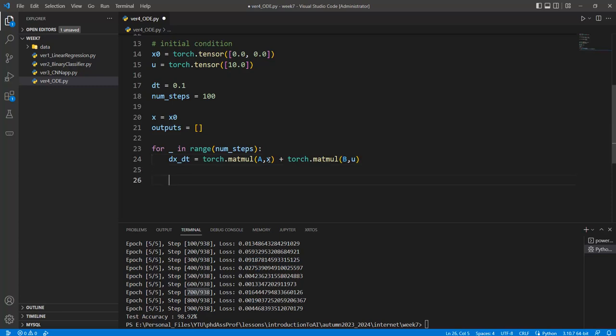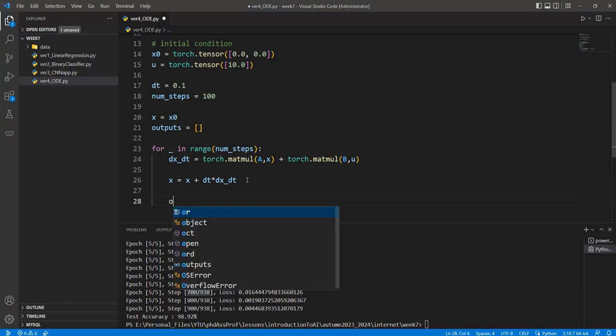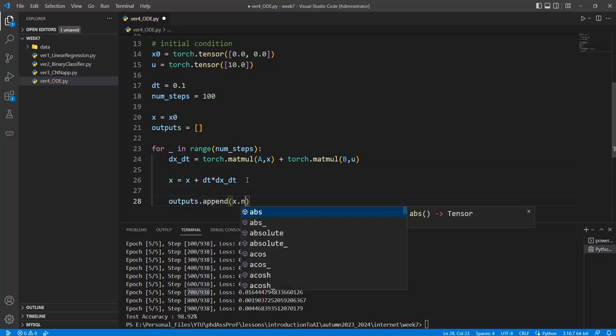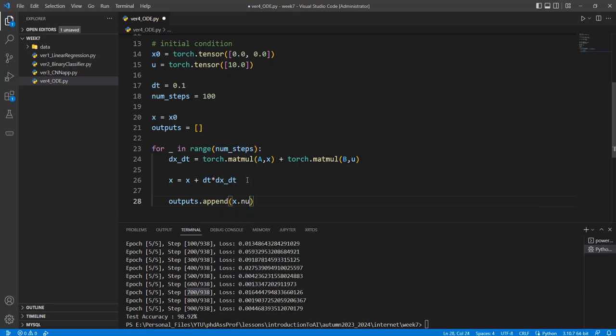So the update term is equal to dt times dx dt. This is the discrete time linearization, or the approximation for a continuous system, right? And after that we should append to the outputs the x as numpy, right?